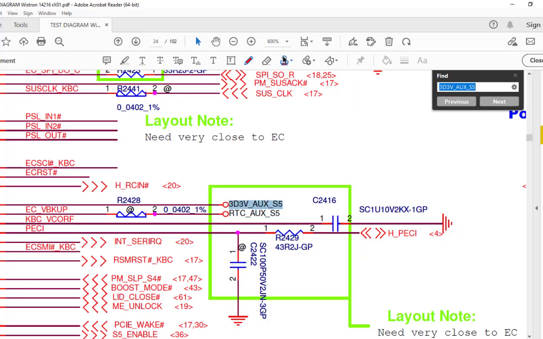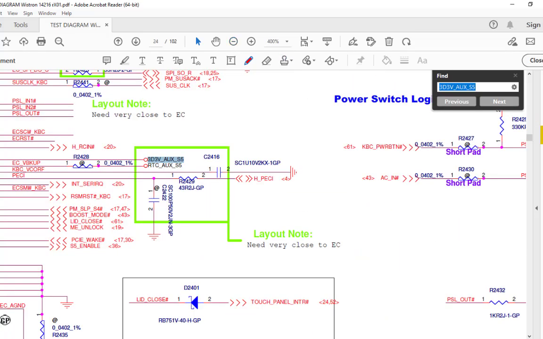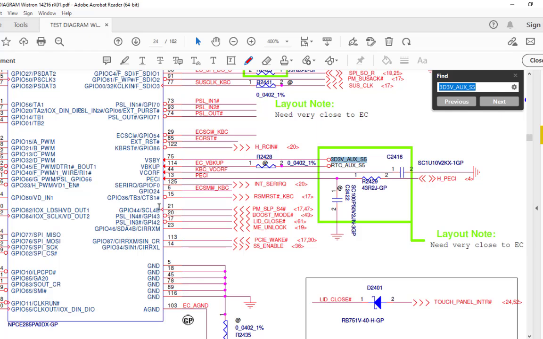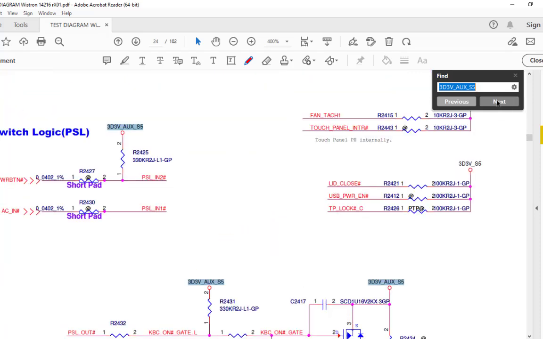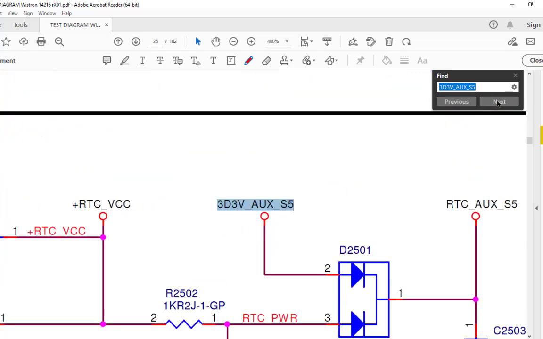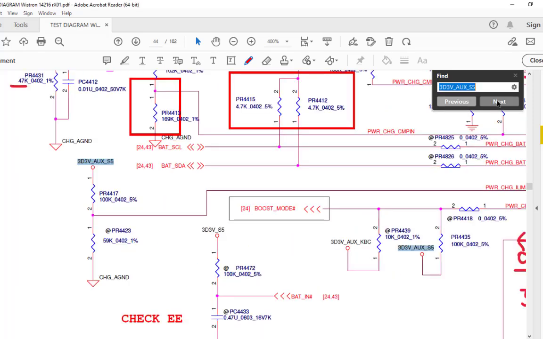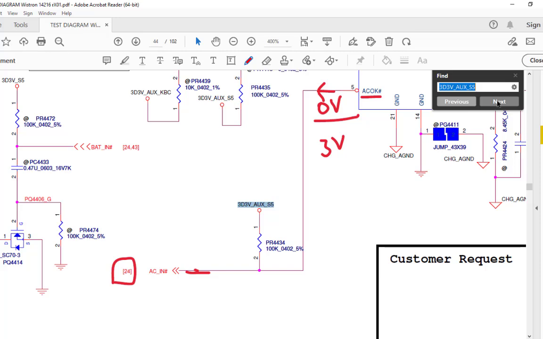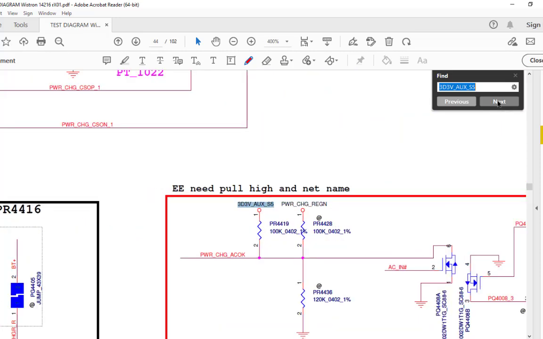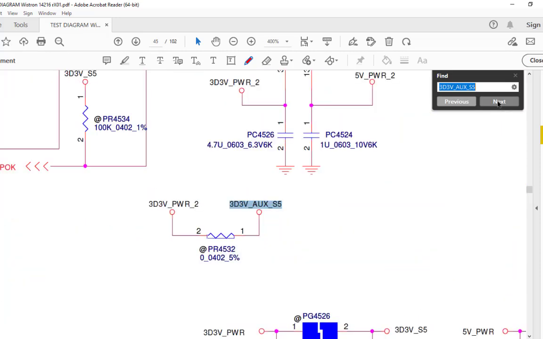This signal is going to the SIO at pin number 75, and I'll keep clicking next. Yeah, I'll stop here. Now you can see the 3.3 underscore aux underscore S5 signal is coming from here.